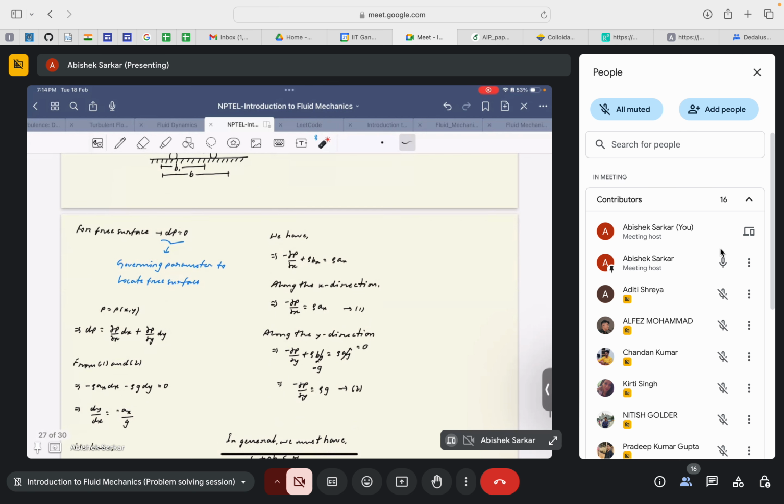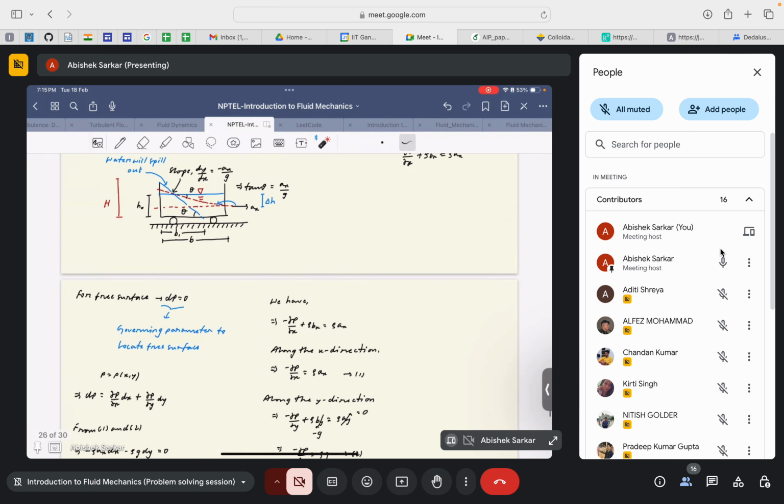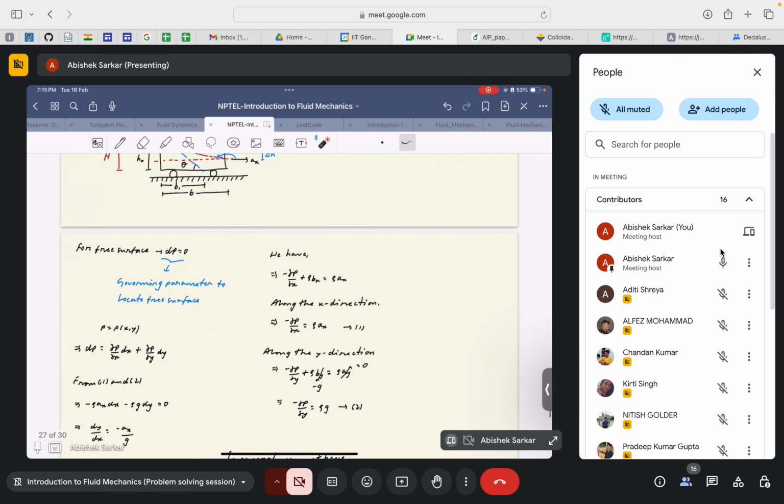Since we are considering a 2D scenario, where of course it's continuous, the surface would be a 2D shape, and the pressure would be a function of x and y. Then dp, the complete derivative of pressure, will be given by dou p by dou x dx plus dou p by dou y into dy.